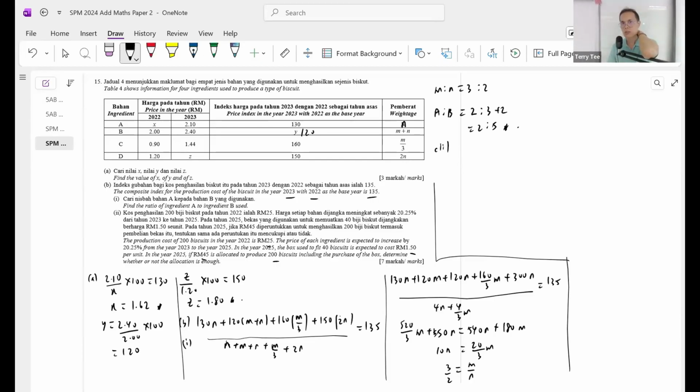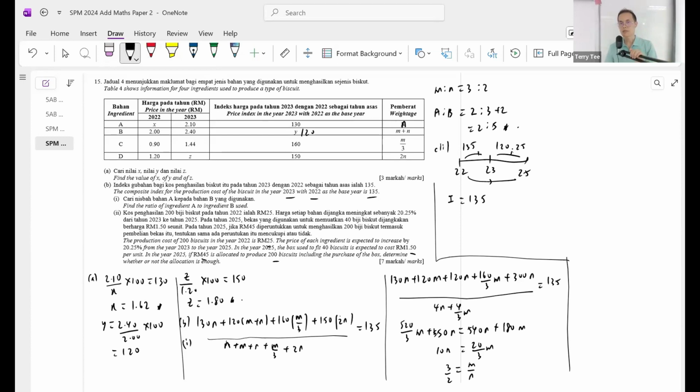Let me draw it like this. 2022 to 2025. This is 2022 to 2023, you increase by 135. 2023 to 2025, you increase by another 20.25%. So you want to find the overall increment from 2022 to 2025. This is for the biscuit.